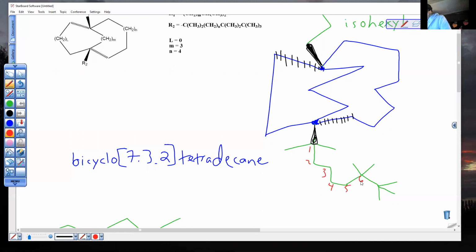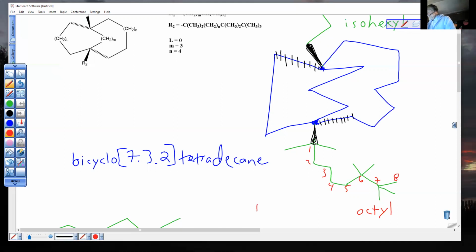So this group has a maximum length of 8. It's an octyl. Don't forget, it's a group. It ends with -yl. And it's got a whole bunch of methyls on it. It's got 2 of them on 1, 2 of them on 6, 2 more of them on 7. That's 6 methyls. 1, 1, 6, 6, 7, 7.